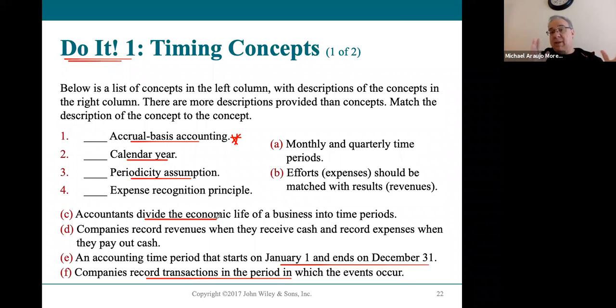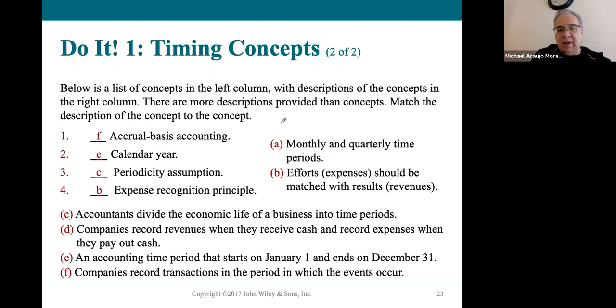And we have to keep year-to-year records separate. And expense recognition, right? Basically, we're making sure that those expenses are matched with the revenues of that period, and we're good. So this introduces you to what we're going to be dealing with in chapter 4.